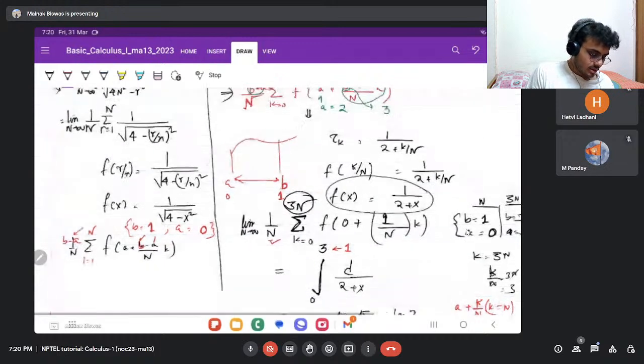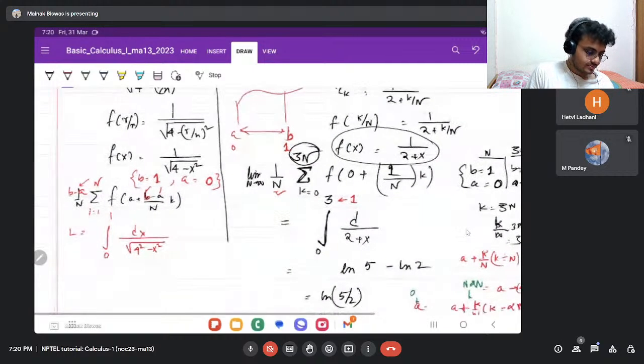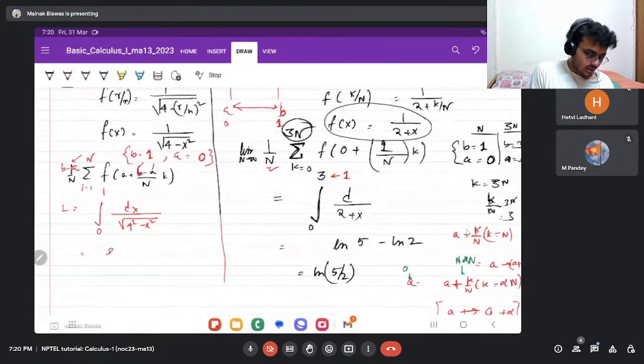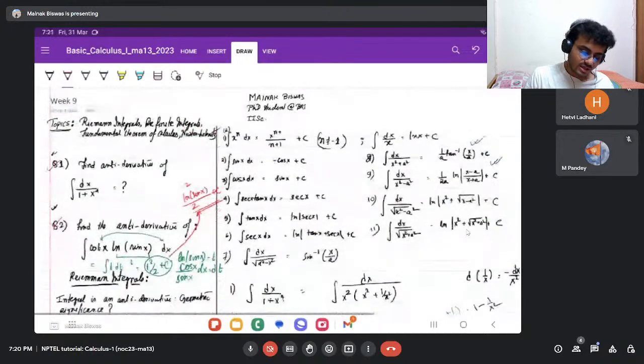Similarly, this integral will turn out to be, what will it be? dx by root of 4 minus x square from 0 to 1, right? Or this is also known as sine inverse x by 2. So let's see the inverse just once. We can also take the antiderivative and see.